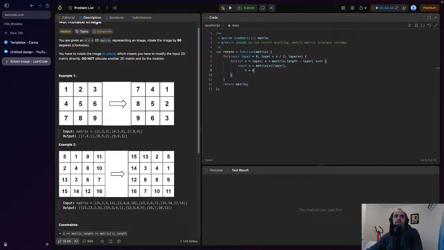B is matrix sub matrix dot length minus x minus 1 sub layer.